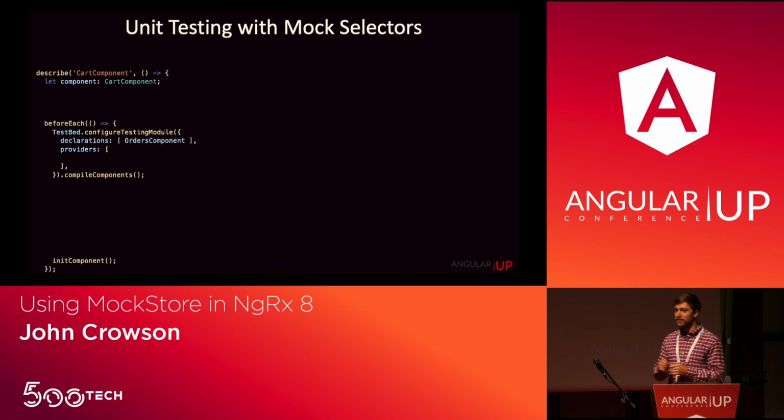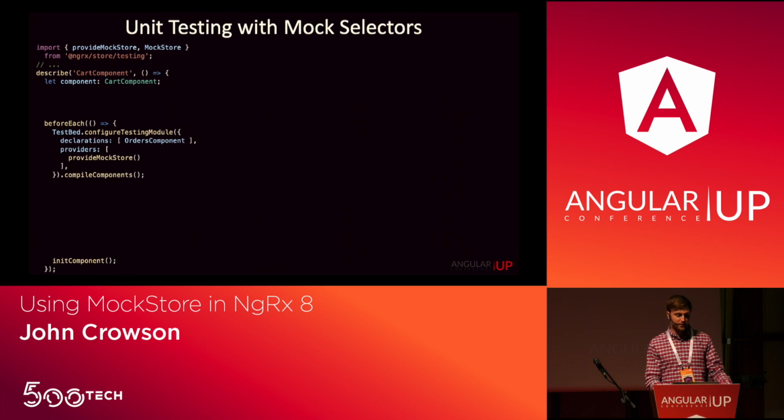So let's look back at that exact same test that we just wrote with MockStore, this time using MockSelectors. Once again, I'm going to import the provideMockStore method and the MockStore object, and provide it in my providers array. Again, I don't need to pass an initial state if I don't want to, but you can. I'm going to get my MockStore instance.